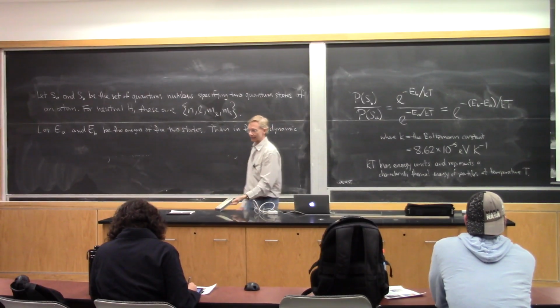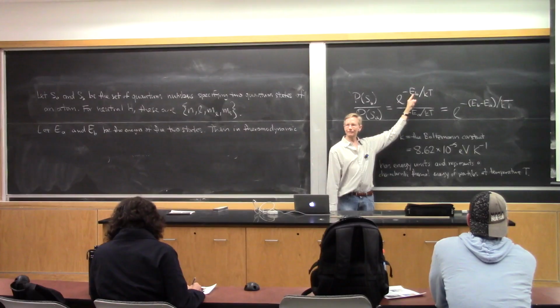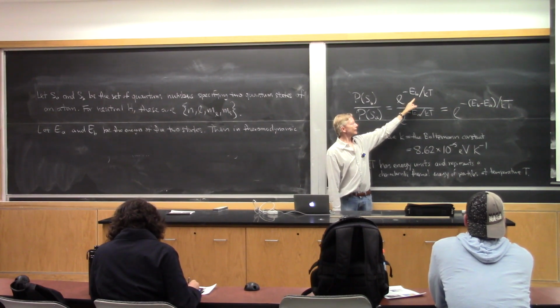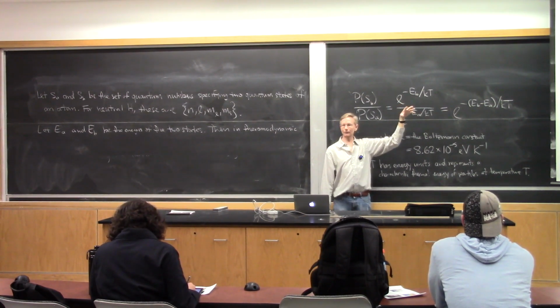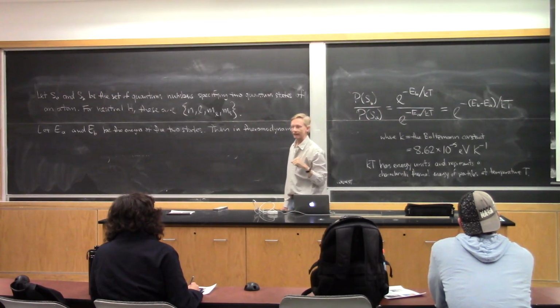So this is saying that the higher the energy of the state, the harder it is to get atoms into that state, right? In other words, the bigger the energy is compared to the thermal energy, the less probable it is that you're going to see the particle in that state.